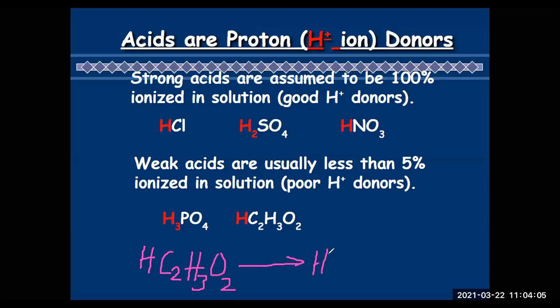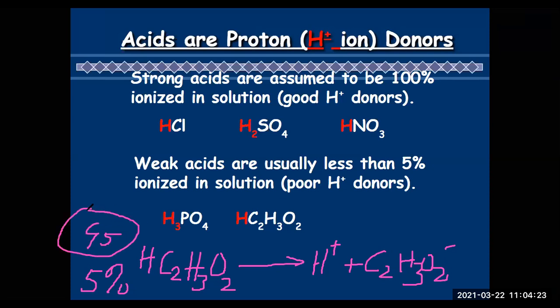So you have just a little bit of H plus and C2H3O2 minus. That means only 5% of this is ionized. You still have 95% of this acid still together. That is what it means, because it's a weak acid. Only 5% breaks down into hydrogen ion and ethanoate ion. The rest, 95%, are still together as an acid, as an aqueous right here.